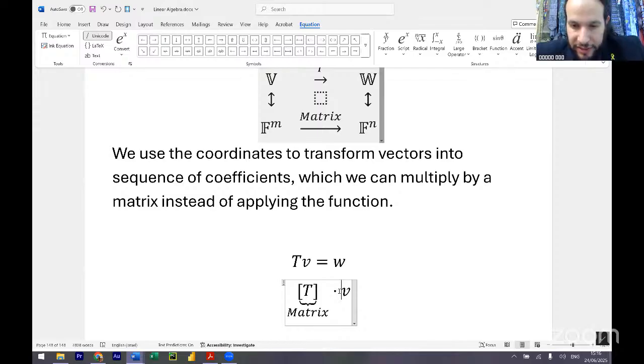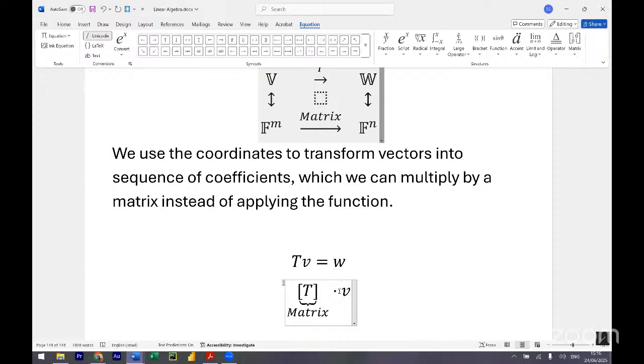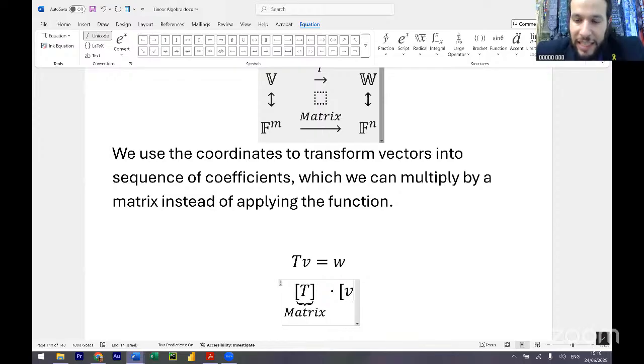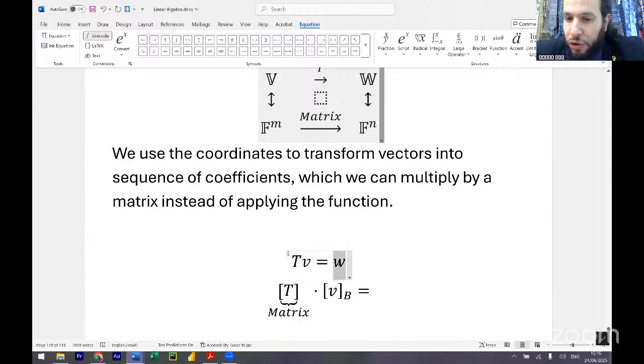Yeah, the coordinates, exactly. And how do we note the coordinates of v? The square brackets. Exactly, square brackets, and I write the base here, right? And what do I expect the result to be?